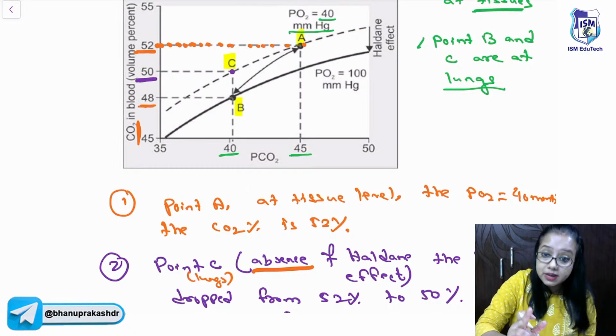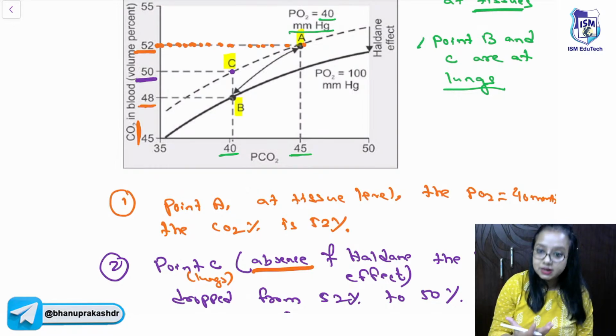That means in presence of the Haldane effect, the unbinding, the expiration, the loss of carbon dioxide content is double than what would have happened in absence of the Haldane effect.